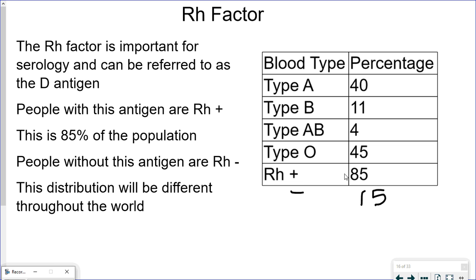The majority of people do have that D antigen, so they are considered positive, whereas about 15% of the population are negative for that antigen. Using all of this, we can look at probability to figure out what percentage is A positive, A negative, things like that.